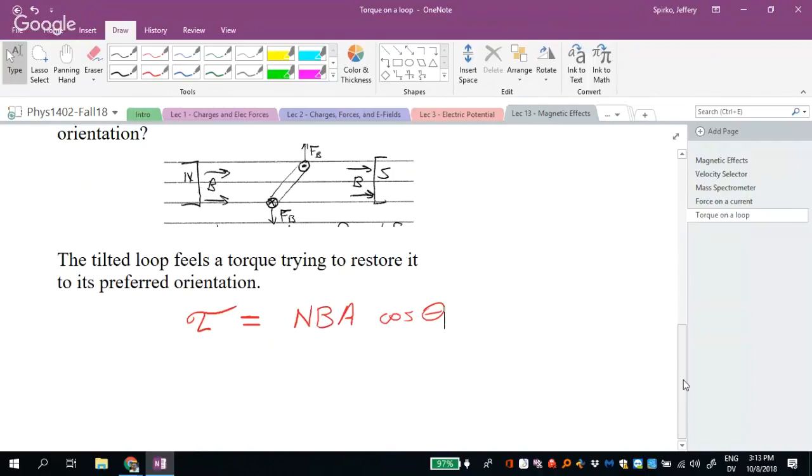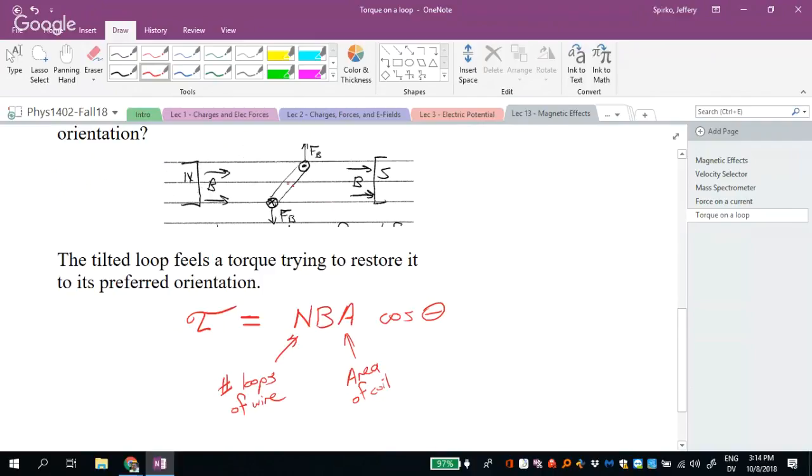I like this version of the formula because I can remember NBA because I don't like basketball, so it stands out to me. I don't know. And N is the number of loops of wire. A is the area of the coil.